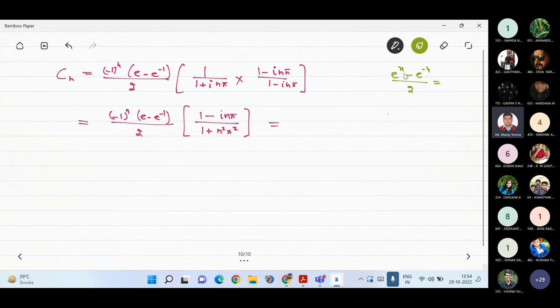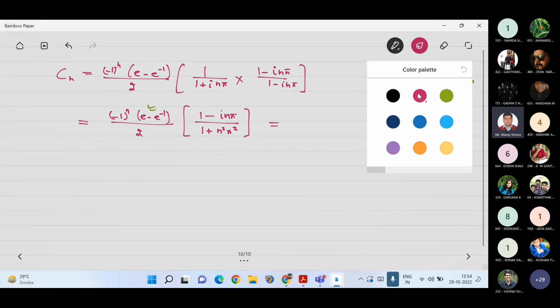This expression is nothing but the hyperbolic function, sine hyperbolic function, right? So if I compare this with this, then the value of x is 1. So it will become sine hyperbolic 1.